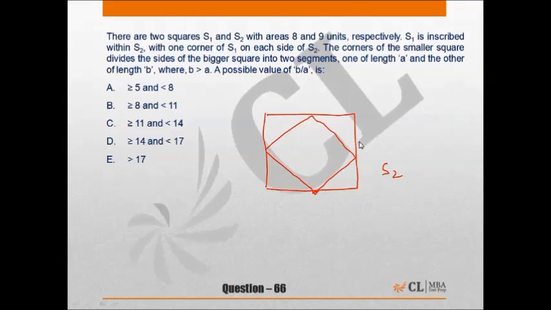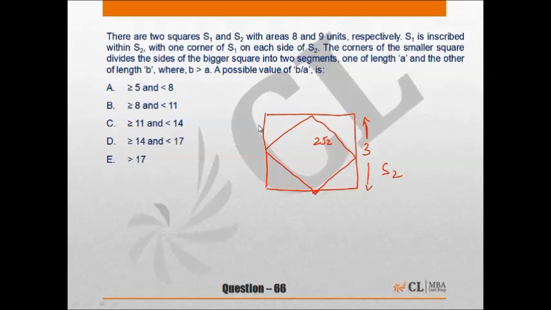As we know that the area of S2 is 9 units, which means its sides will be 3 units, and that of S1 is 8 units. It means the side of S1 will be square root of 8, that is 2 root 2 units.